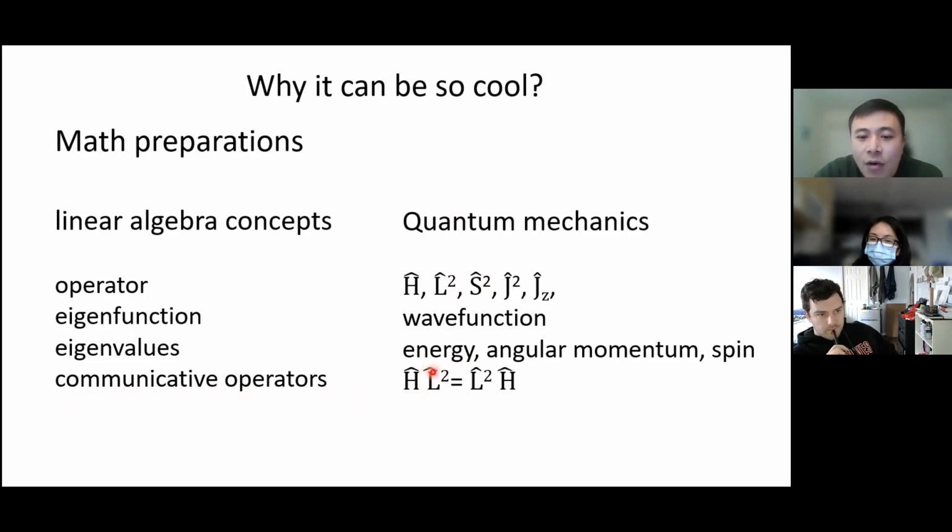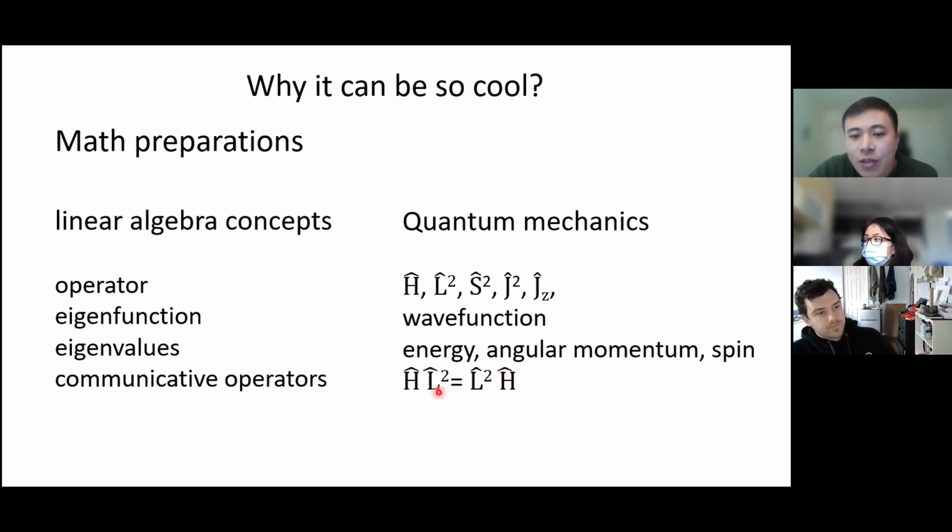So if we have the orbital angular momentum operator act on the wave function first, followed by the Hamiltonian, it will have the same effect as switching the sequence. If we have the Hamiltonian act first and then apply the orbital angular momentum operator, we get the same results.